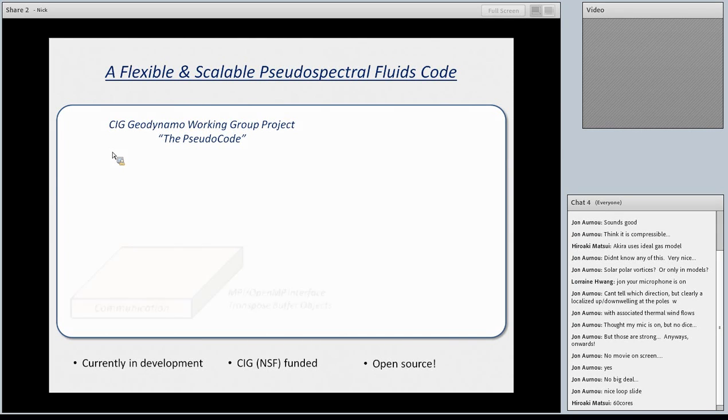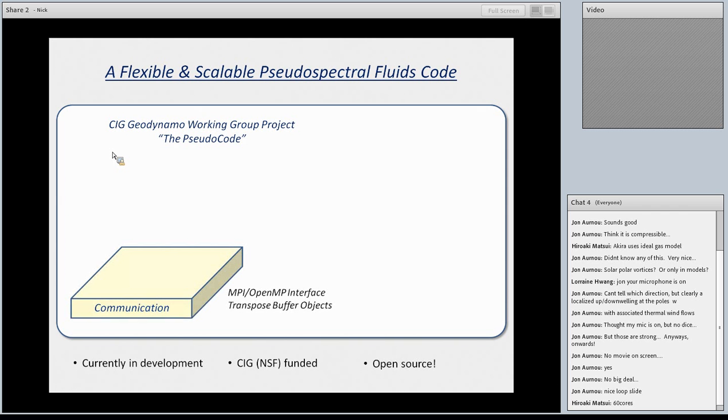The approach I would like to take, and I should say that Hiro Matsui and Eric Hein are going to be involved in this too, is to build a communication layer first, and build tools into this, transposable buffer objects, the data structures that you need for the different geometries.